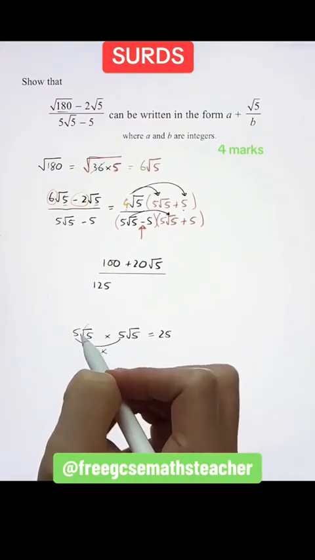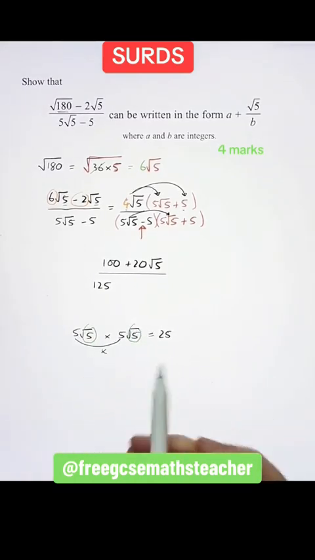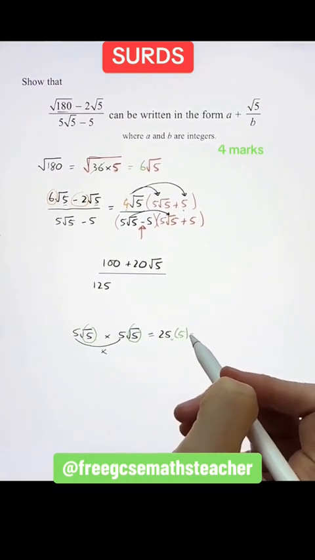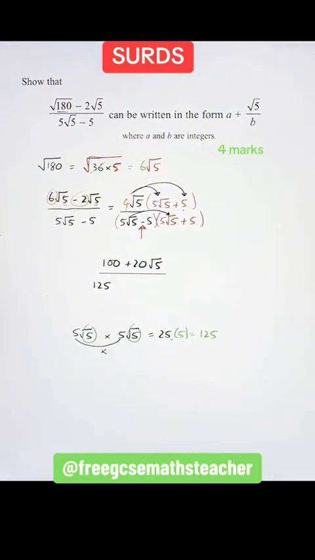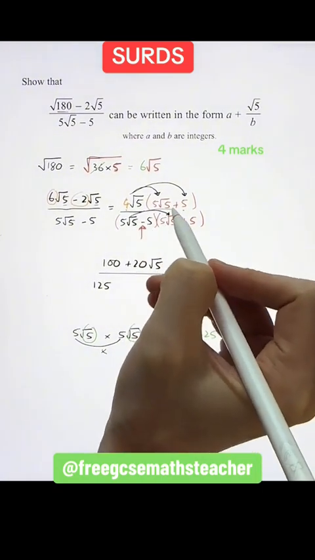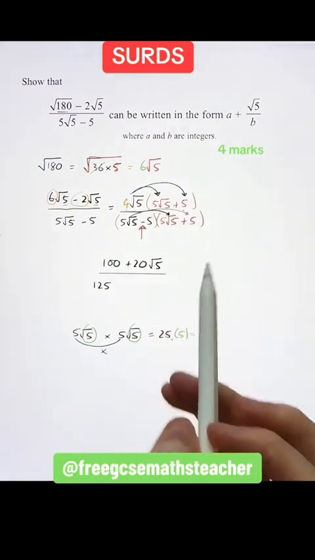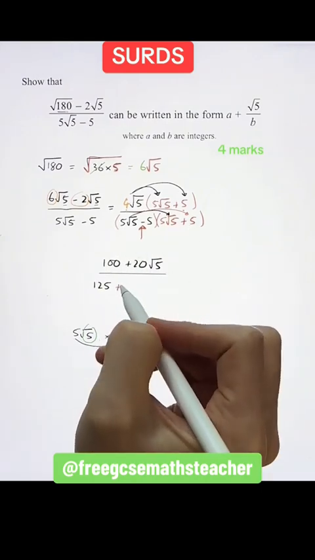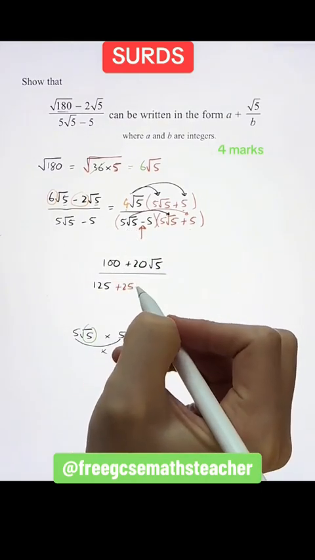Root 5 times root 5 is simply 5, and 25 times 5 gives us 125. My next term: 5 root 5 multiplied by positive 5. 5 times 5 will give us plus 25 lots of root 5.